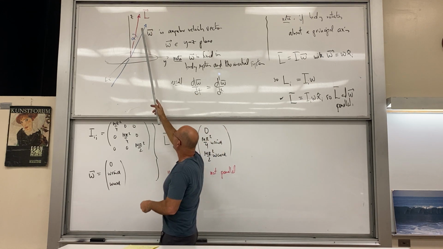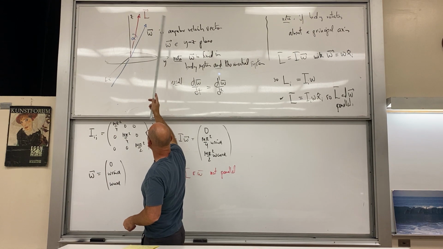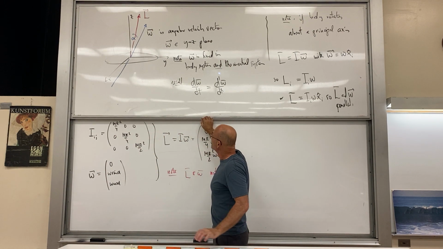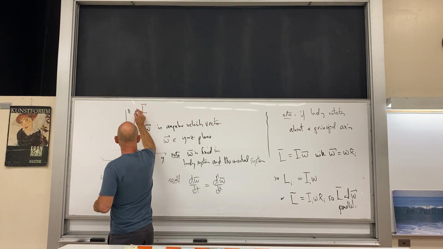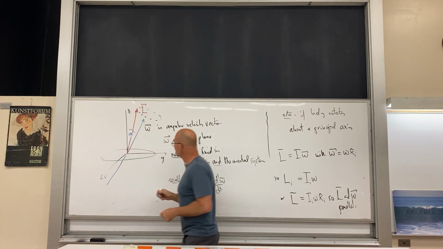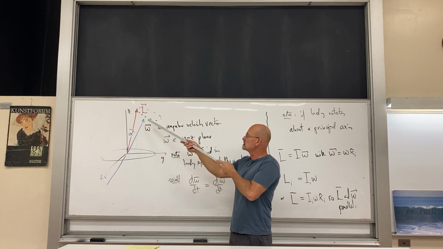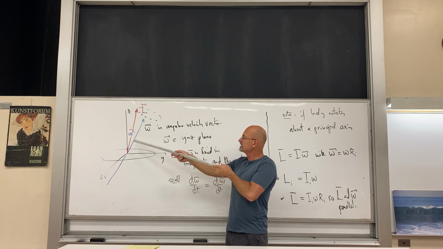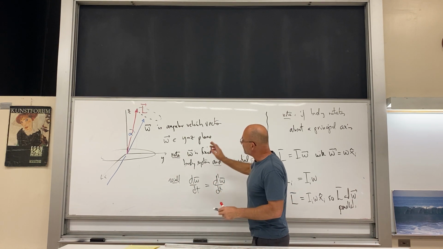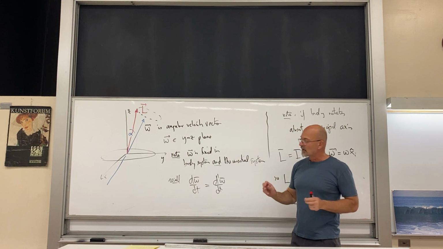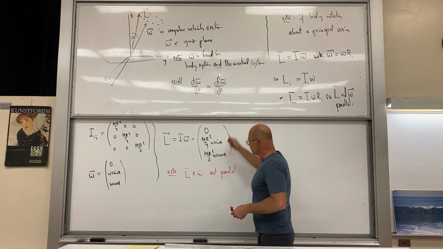And therefore, L, which is in the body system in the YZ plane, is going to be twirling around omega. So I may even indicate that with some kind of dotted line. So this L is going to be moving around kind of on a cone. That means L is definitely changing in time, and dL/dt is a torque. Therefore, there's going to be a torque involved. So what I like about this model is you can stop and visualize everything that's going on. You actually build it and feel it if you want to. Okay. So that's what we have so far.